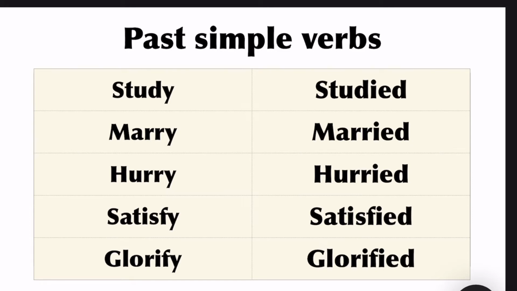And next, you have to add ied to the base form of the verb, that is, the present form of the verb. Look at the verb study. Study ends with a y. If you want to change the verb study into past tense, you just have to remove the y and add ied at the end.